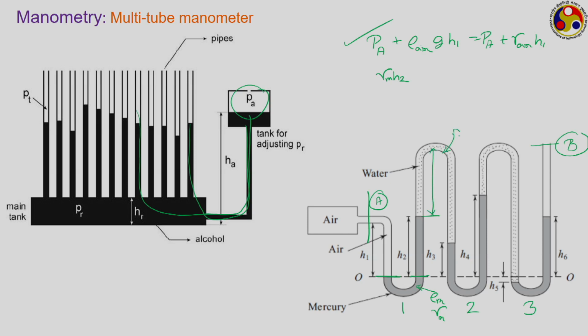This liquid may have, say, gamma f. So we have a fluid of specific weight gamma f multiplied by some height. Let us say this height is x. So, gamma f into x is the pressure that is acting at this position.